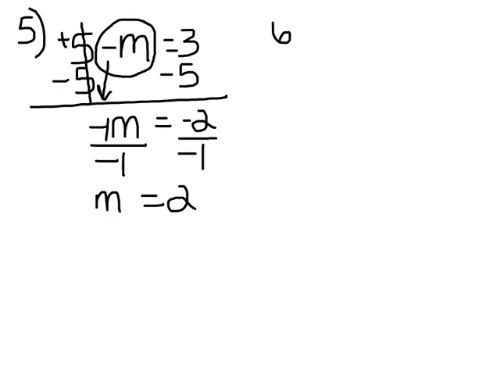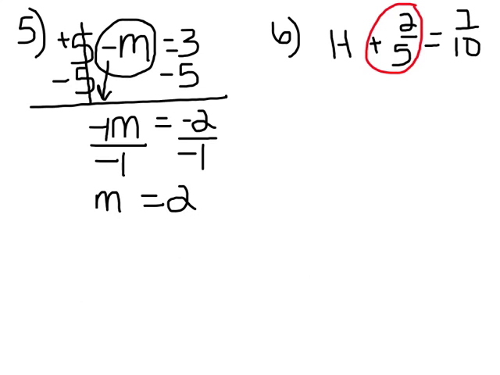In example 6, we're given h plus 2/5 equals 7/10. In order to undo the addition of plus 2/5, we'll need to subtract 2/5 on both sides.